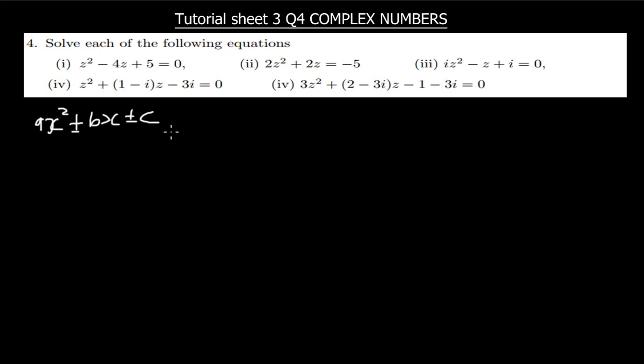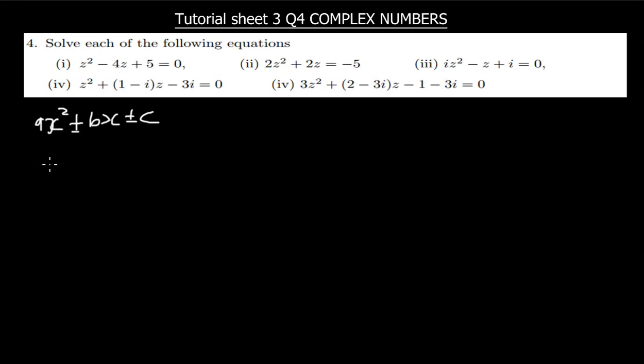So this is the form of a quadratic equation, and all these questions are written in this form. So this is my a, the coefficient of x squared is a, the coefficient of x is b, and then the constant c, which is 5 in this question.